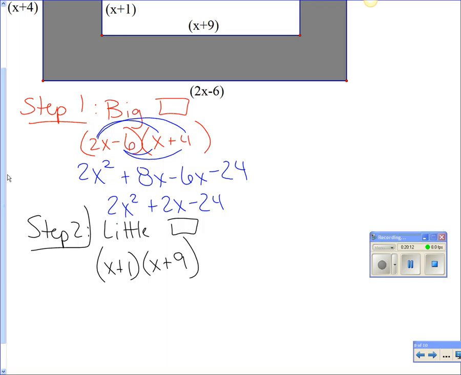All right, so X times X is X squared. X times 9, 9X. 1 times X, and 1 times 9, 9. Mateen, what does that simplify down to? Good.